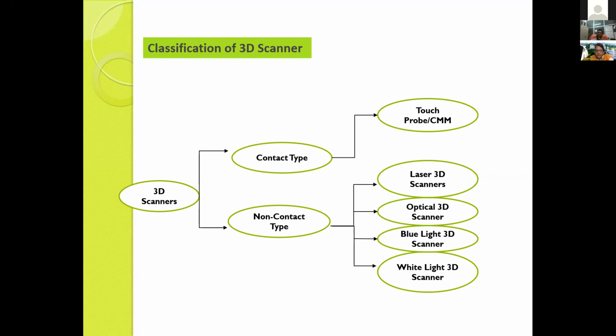The nature of the geometry is also important for selecting the scanners. We will not go into the detail of how laser scanners and optical scanners work, but we have some options, and it depends upon the company or the manufacturer which kind of technologies are used.